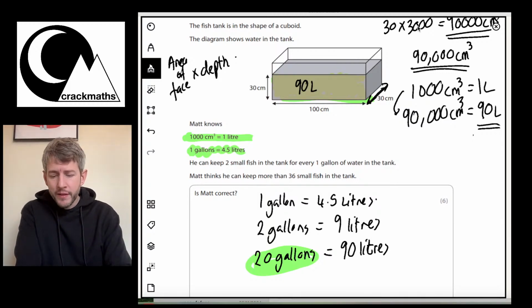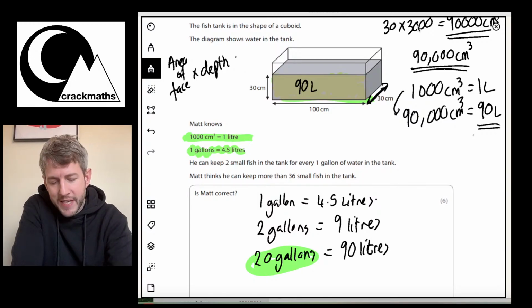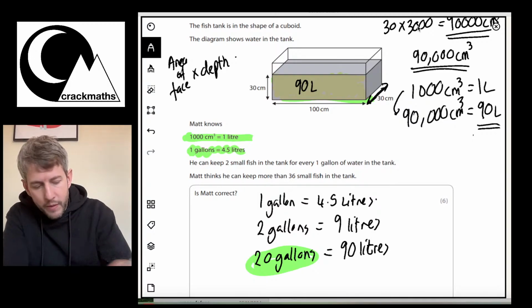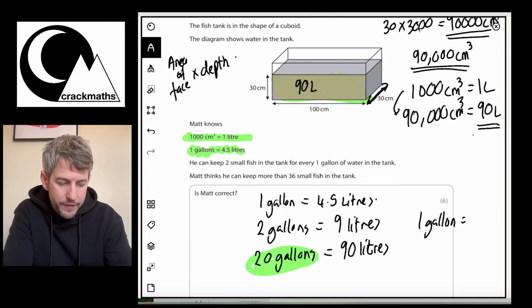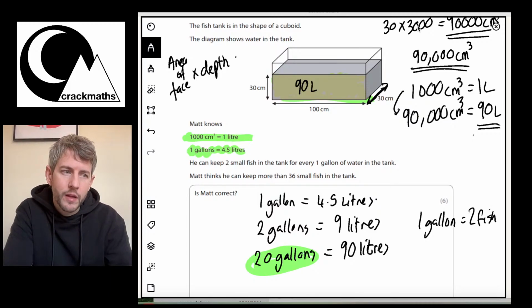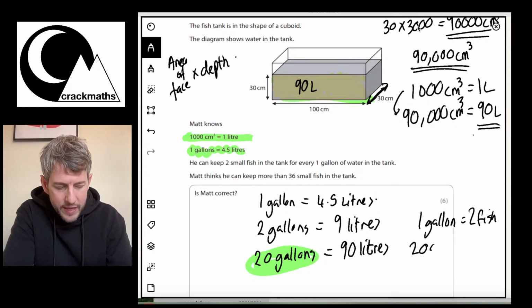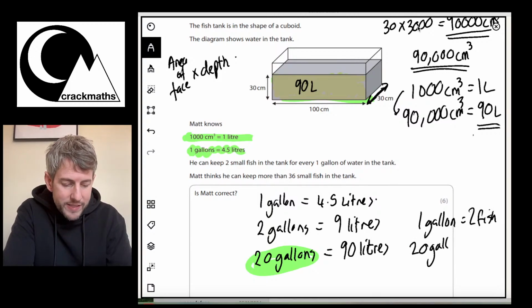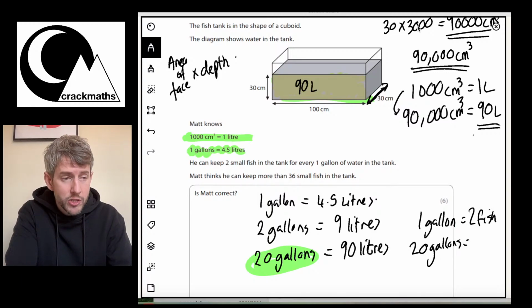Now let's look at this next part of the question. He can keep 2 small fish in the tank for every 1 gallon of water. So in 1 gallon, he has 2 fish. Let's see what that will be for 20 gallons. 1 times 20 is 20, 2 times 20 is 40.